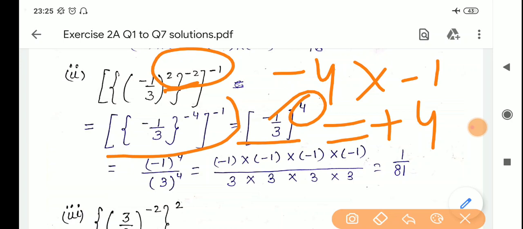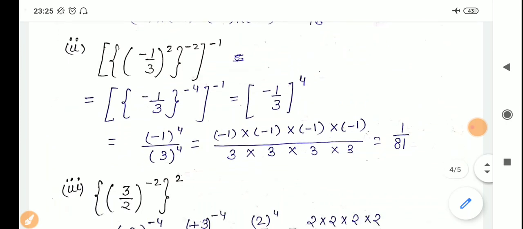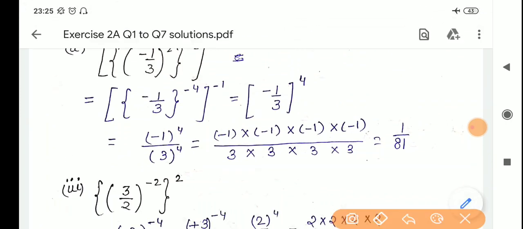I have just shown you how we calculated the power. When we open it, the power is an even number, so plus 1, and 3 3s are 9, 27, 81. So the answer is 1 by 81.